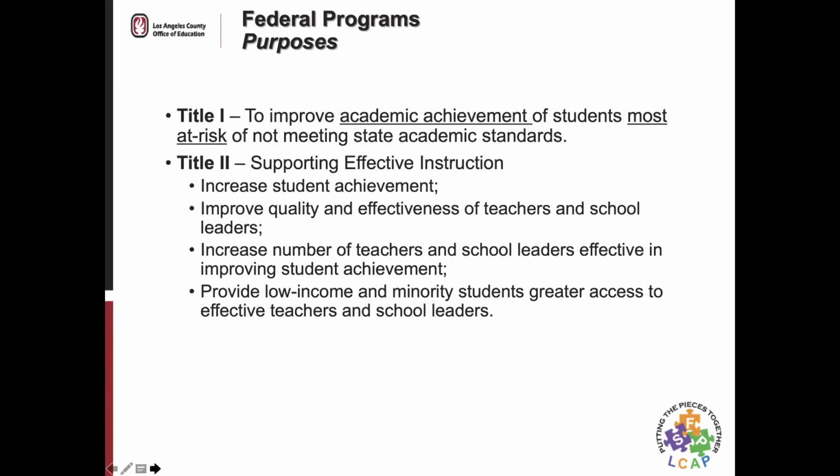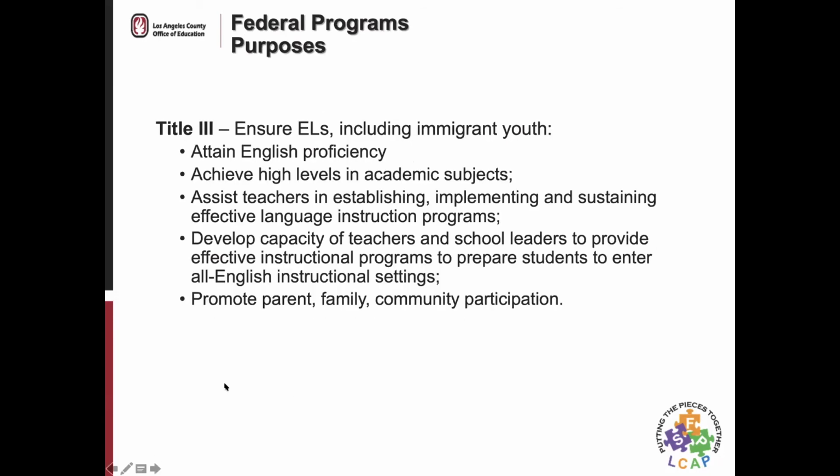Title III includes two funding sources. It includes Title III English Learner and Title III Immigrant funds, and those come through two separate funding streams. Essentially, their purpose is merged in the intents and purposes, and there's a dual goal of ensuring English language proficiency and meeting high levels of academic achievement.